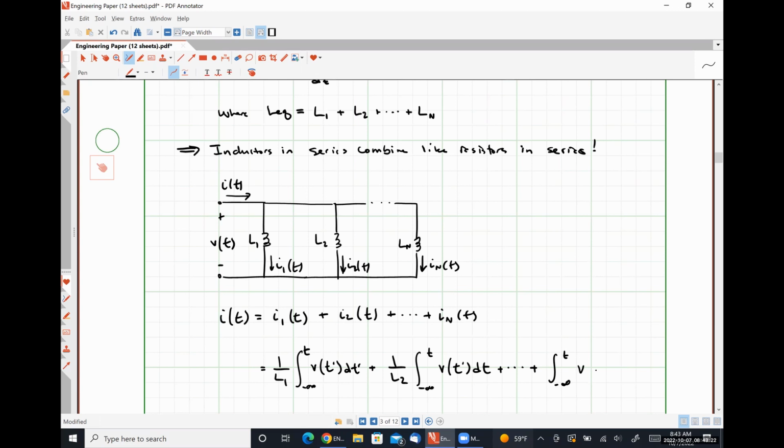So all of these, I needed a 1 over Ln here, sorry. All of these representations have the same integral.